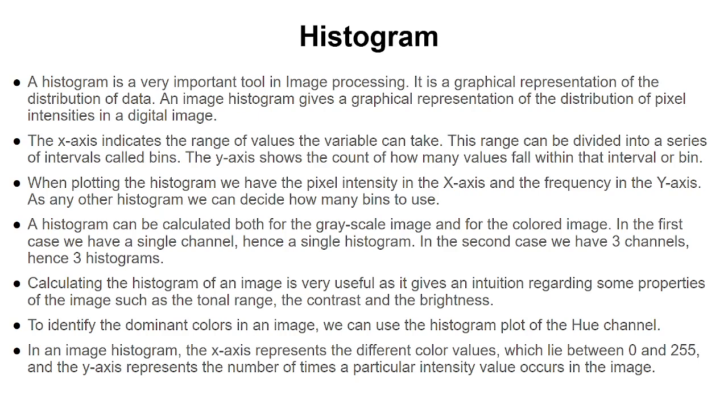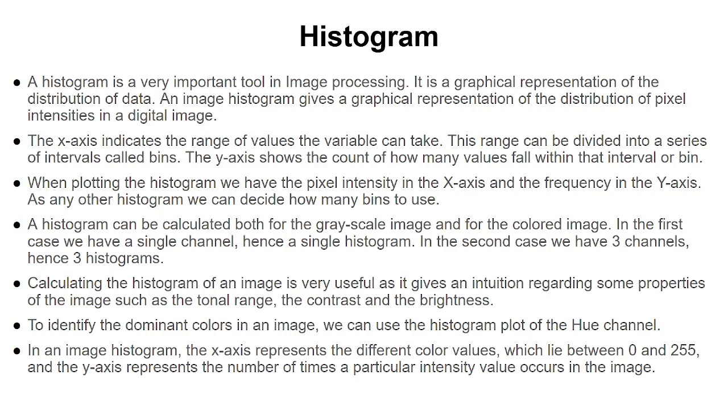A histogram can be calculated for both grayscale images and color images. In the first case, we have a single channel, hence a single histogram. In the second case, we have three channels, which have three histograms. So it depends completely on the channels how many histograms you want to use.